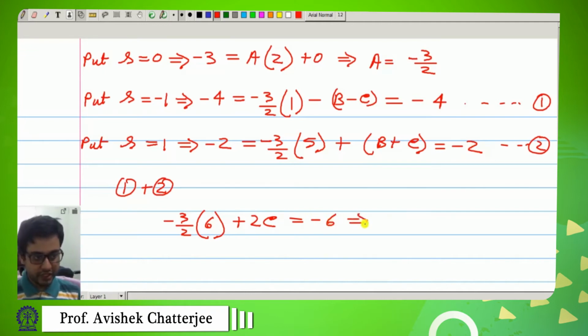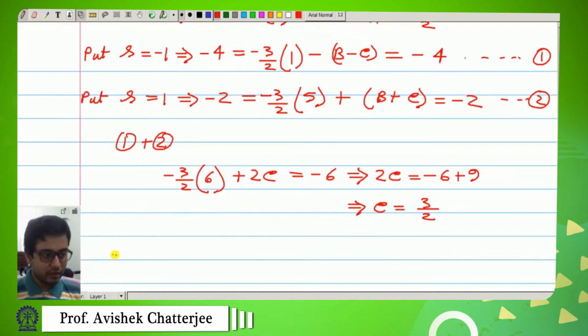Okay, so from this 2c equal to minus 6 plus 9. So that means c will be 3 by 2. Okay, 3 by 2, and then we can calculate b.